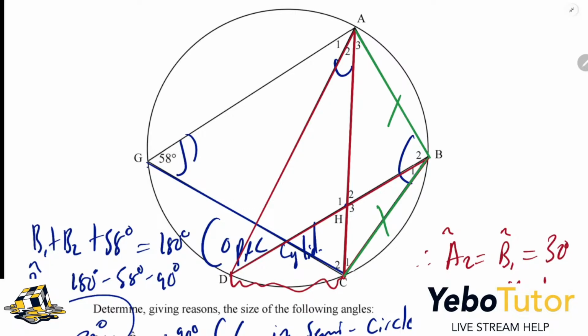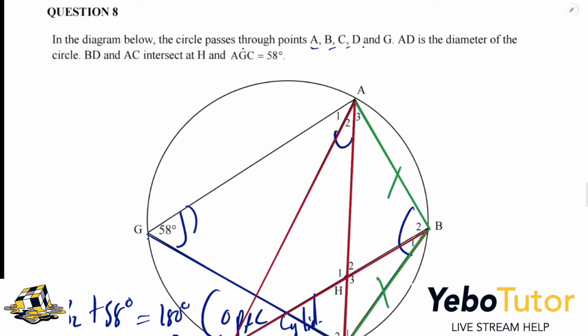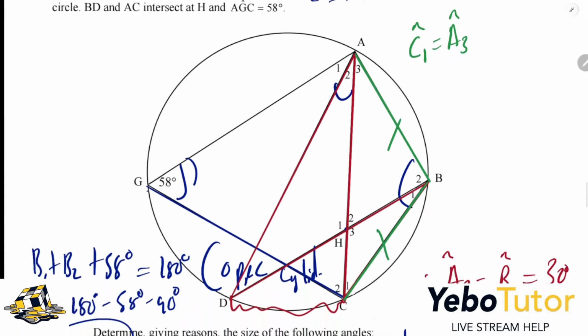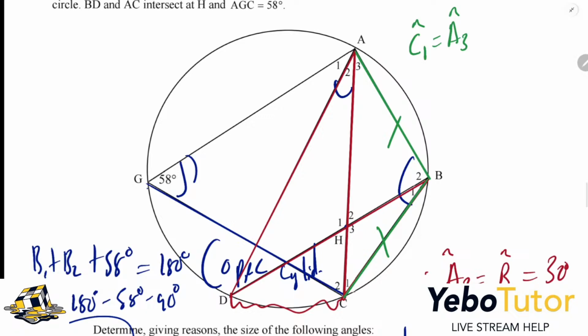That's easy, guys, because if that's given, we can see that C1 is equal to A3, and that is equal to 29 degrees, because this whole angle is 58. If we subtract that and divide by 2, because these two are equal to each other. Why? Angles opposite equal sides.